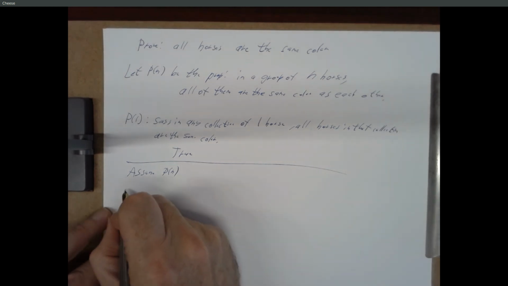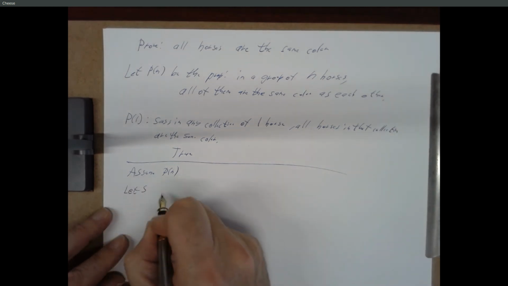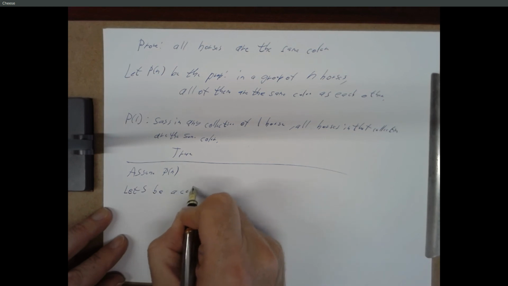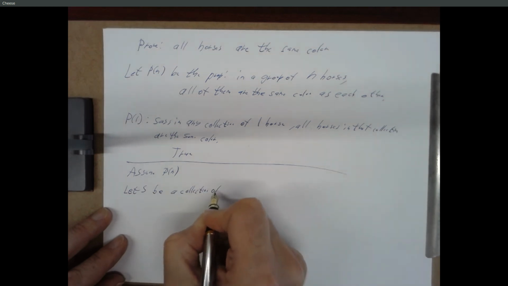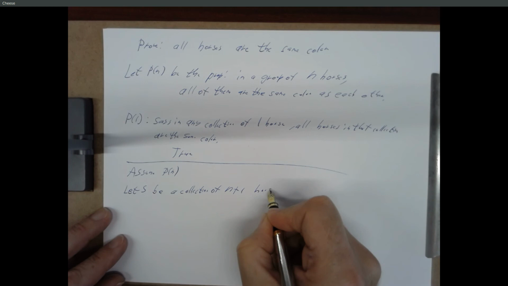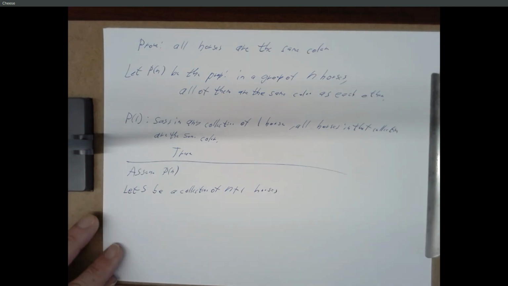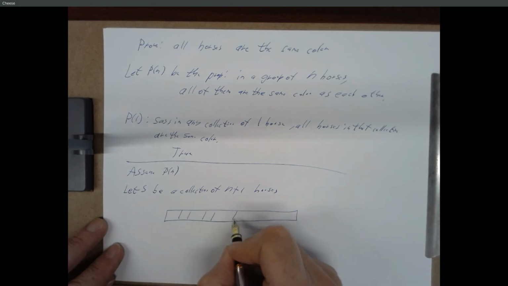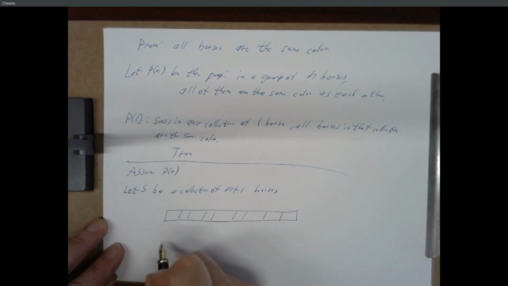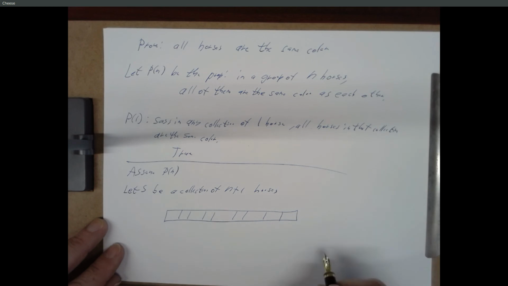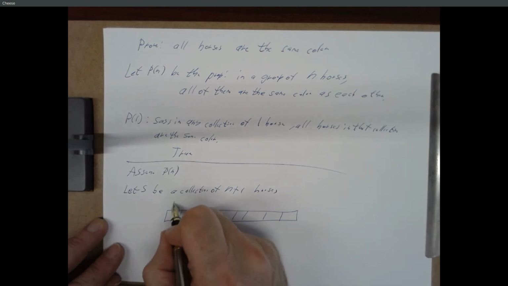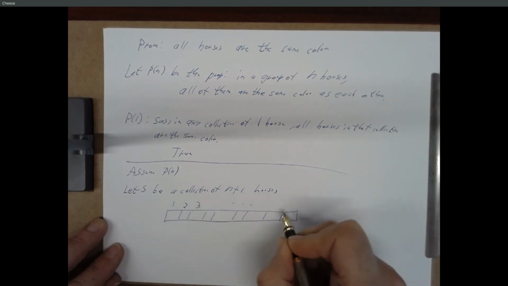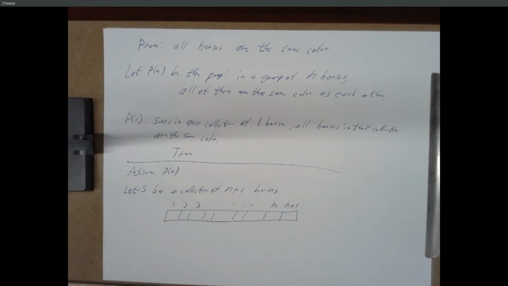Okay, so let S be a collection of n plus 1 horses. And I'll make a little horse corral here. And I'll label these horses 1, 2, 3 up through n and n plus 1.